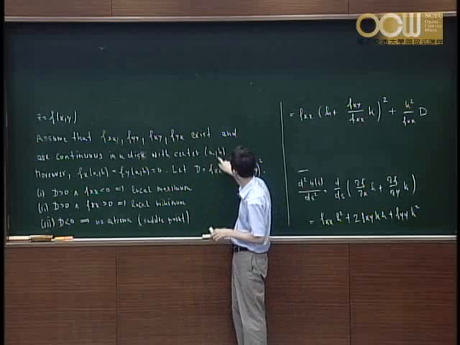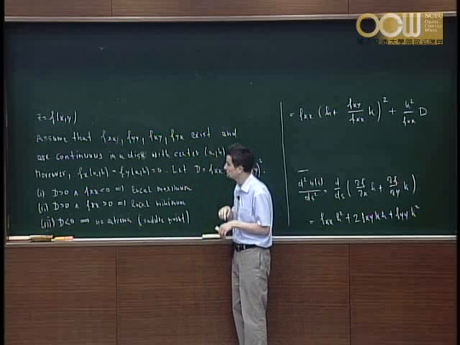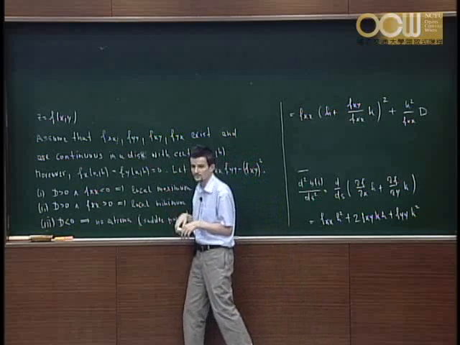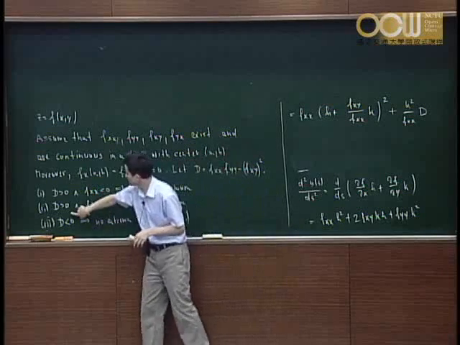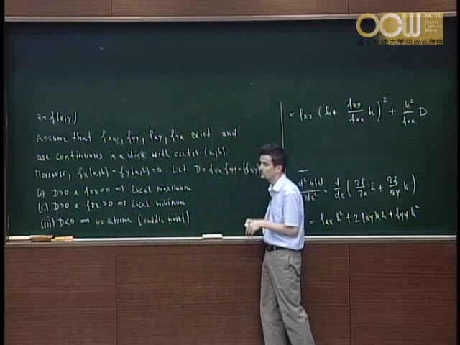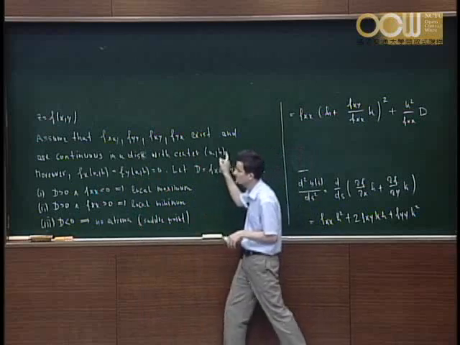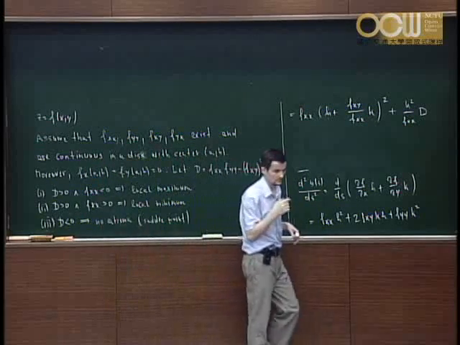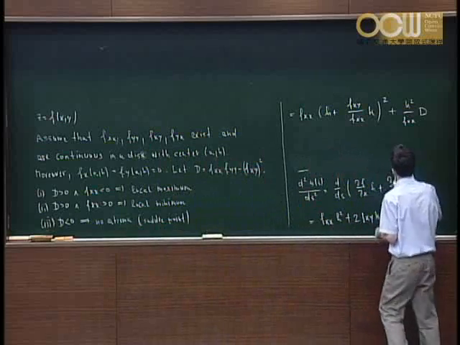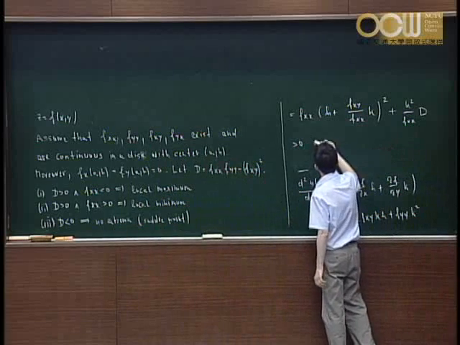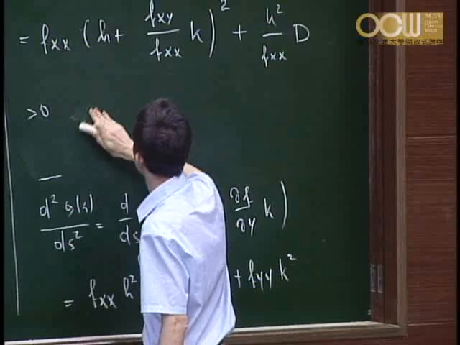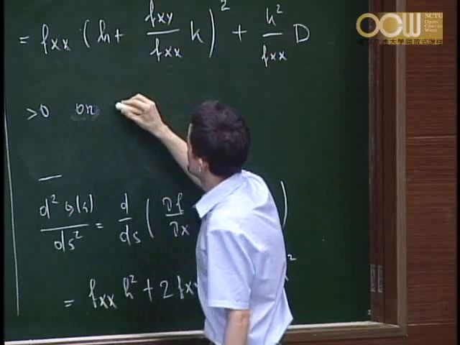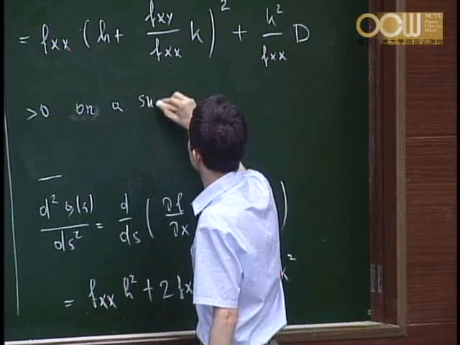In other words, there will be a disk around (a,b), which might be smaller than this one, such that those two conditions are satisfied also inside the disk, and that's why we need this continuity property. So this will be larger than 0 on a sufficiently small disk.